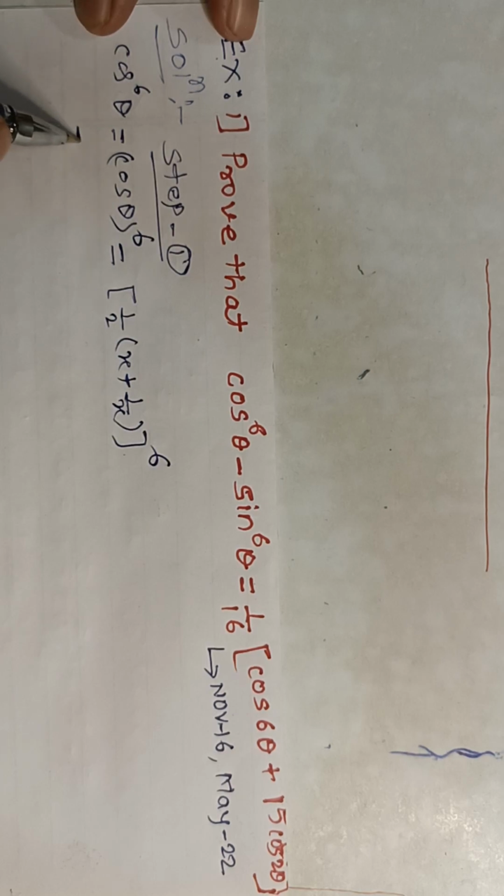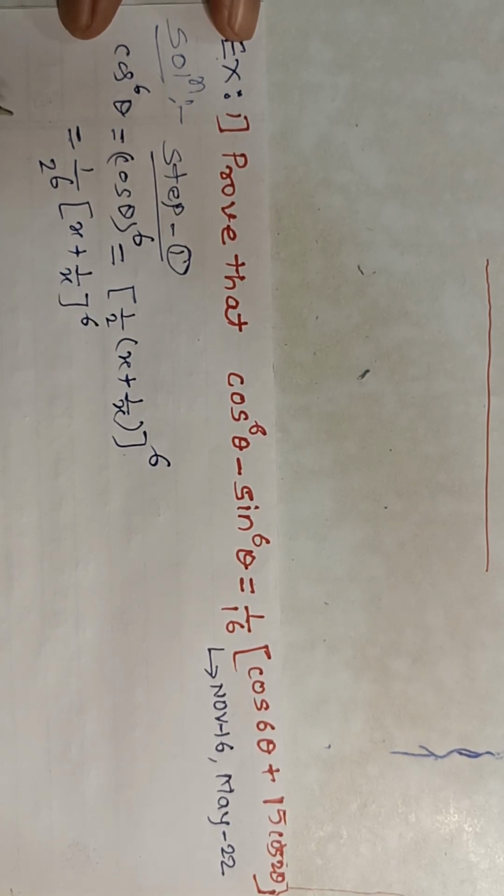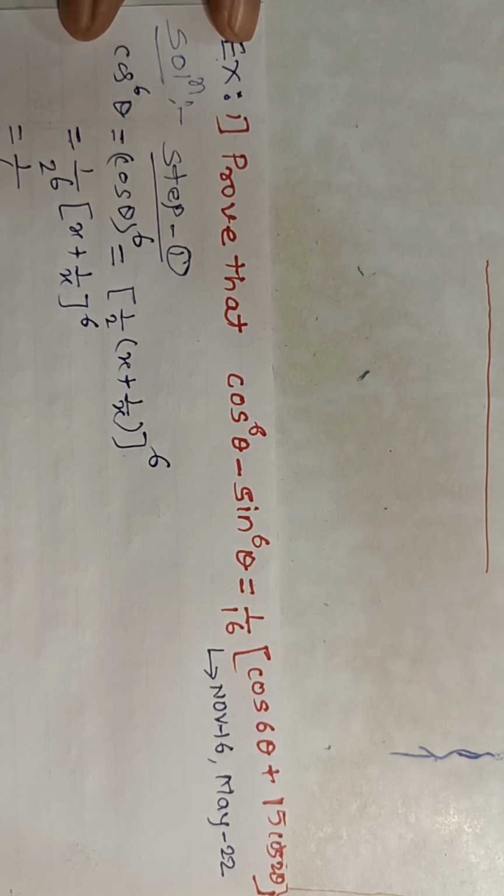So this is equal to 1 upon 2 to the power 6. 2 to the power 6 is equal to 64, so 1 upon 64. Now expand this bracket binomially.